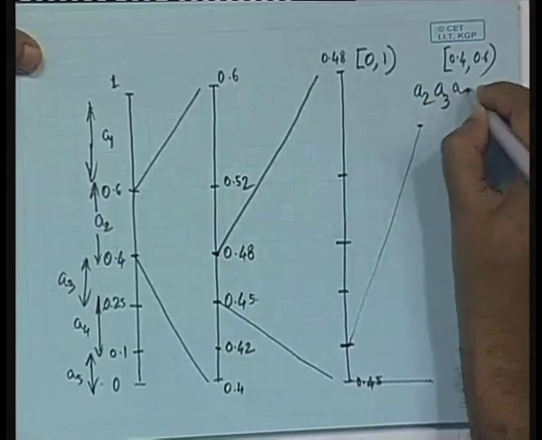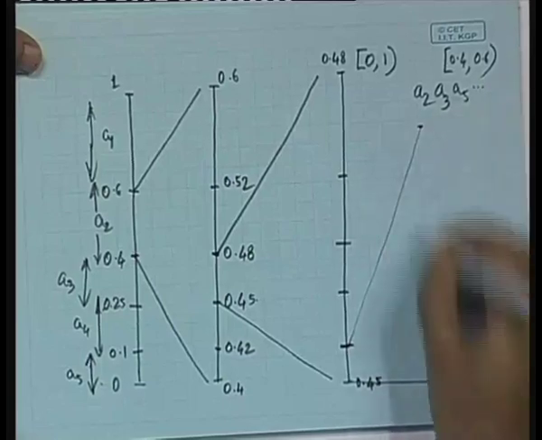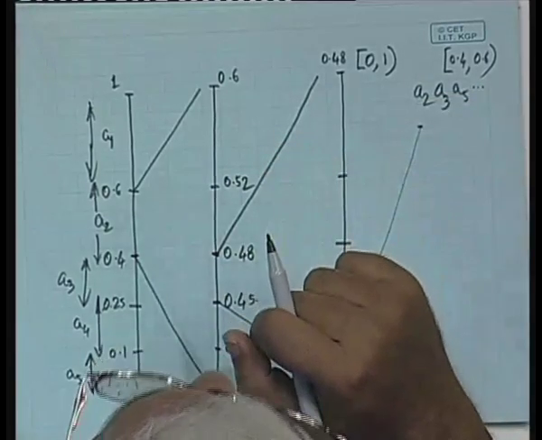A2, A3, A5 will be represented by some number in this range. Like this we proceed for the arithmetic coding. So ultimately the entire sequence of symbols will be represented by a number. That is the basic philosophy of arithmetic coding.